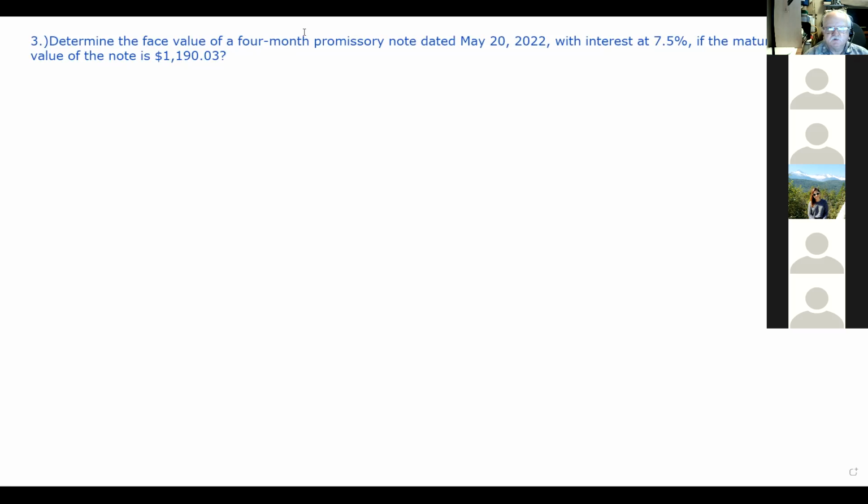We know it's a 4-month note, and we know it was dated May 20th. So this is still the date it was written. And they've given us the maturity value. So they're basically making us do it backwards. But we can still start with our timeline.